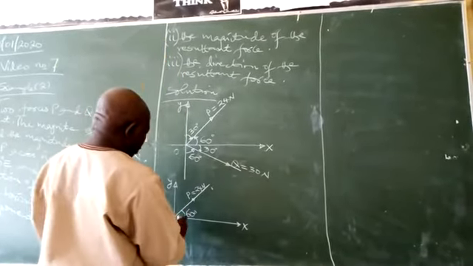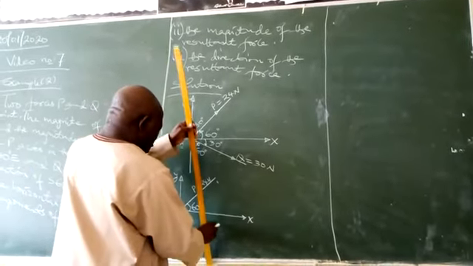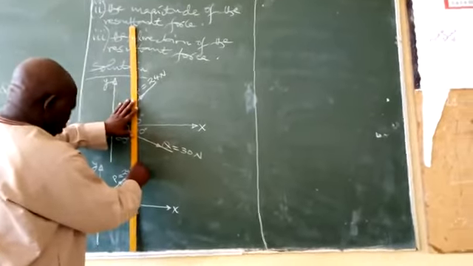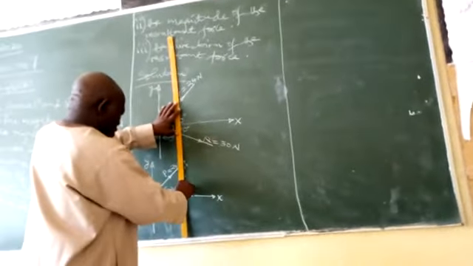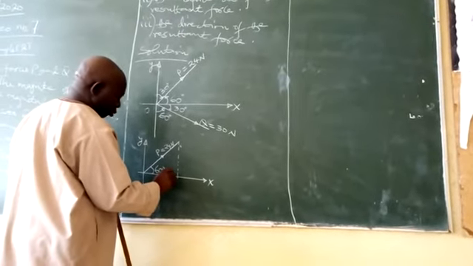So now, to find both the horizontal and vertical component of this force P, we drop a perpendicular from the head of that force P downward so that a right angle triangle is formed.